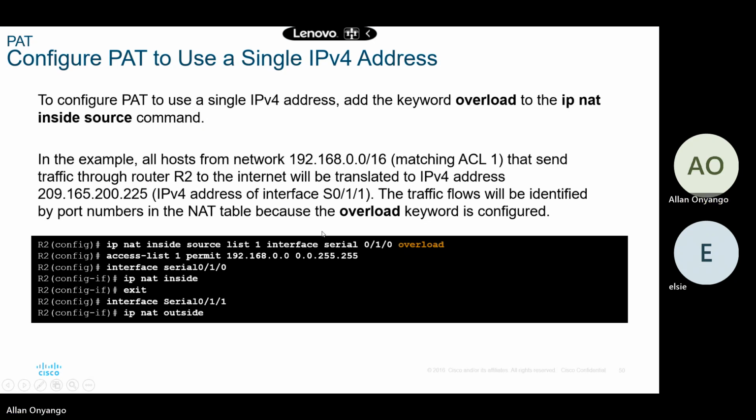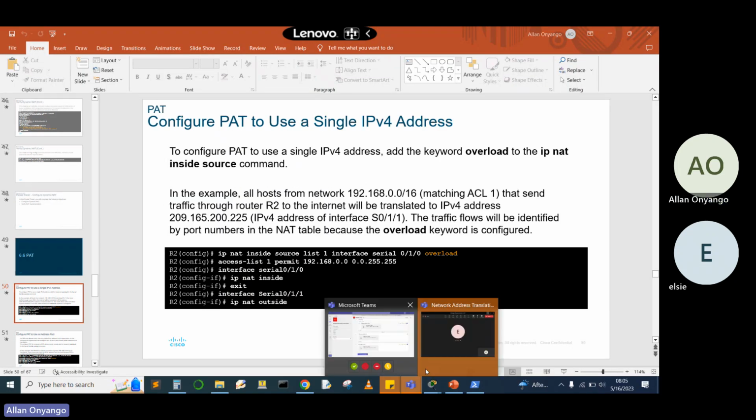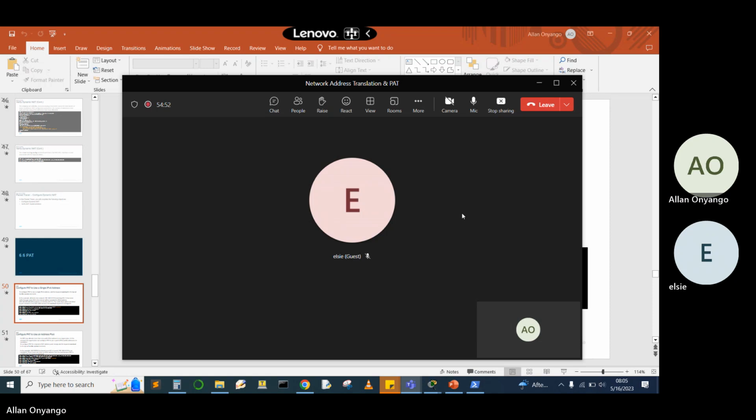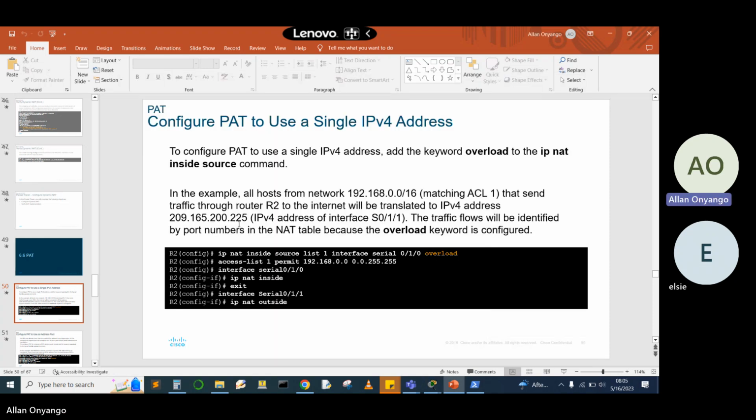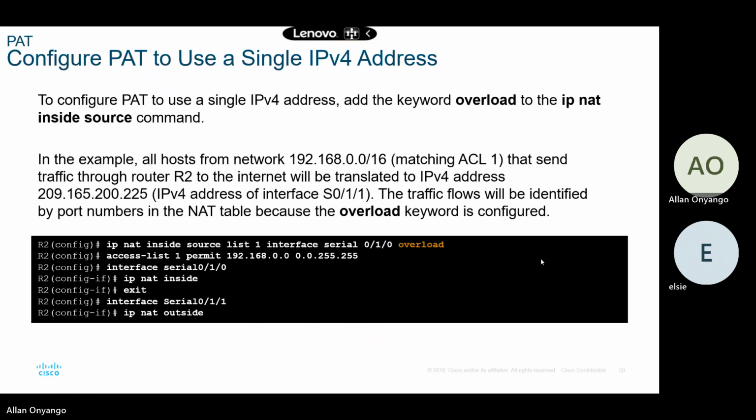We have PAT that uses only one IP address configured on an interface, and we have one where PAT uses a couple of addresses put in a pool.